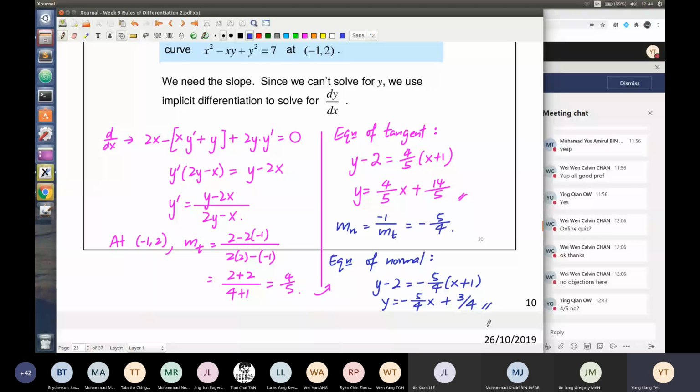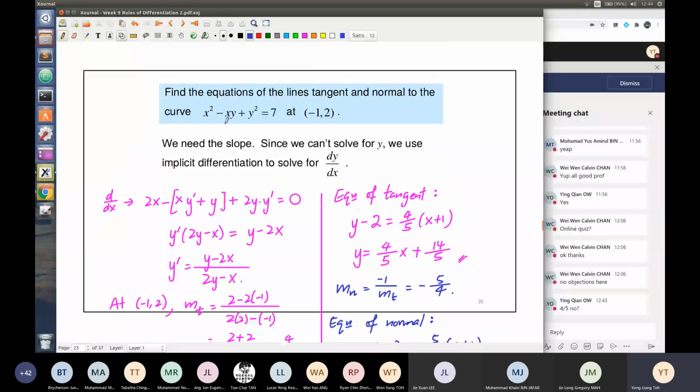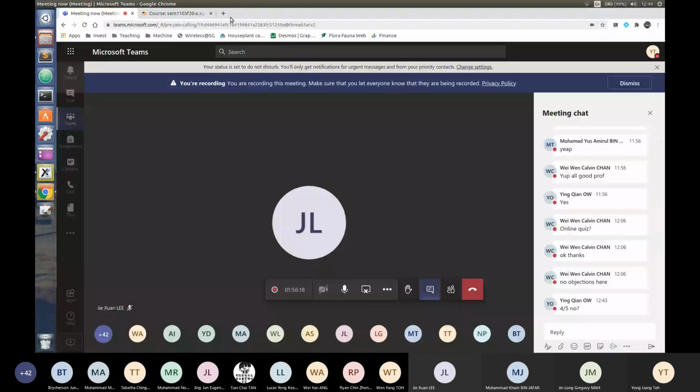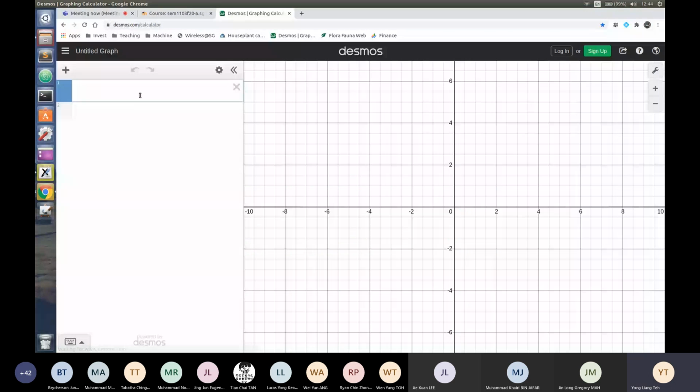Maybe just to verify this, since I'm not even sure whether my answer is correct, let's plot it and see in action. You have x squared minus xy plus y squared equals 7. It's an ellipse.